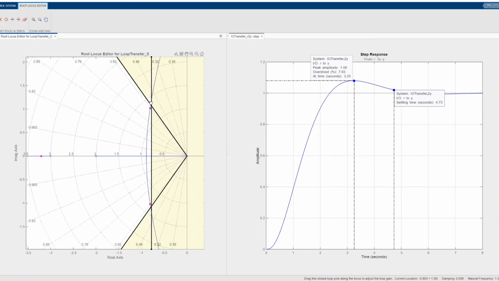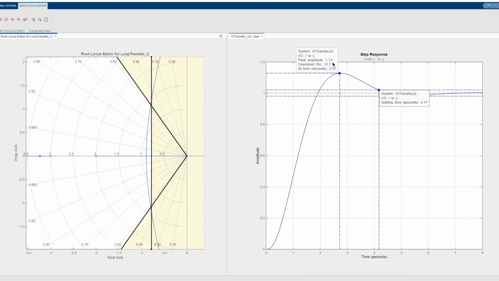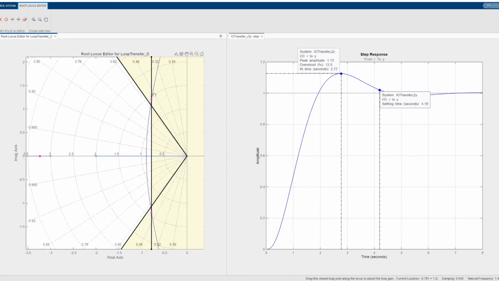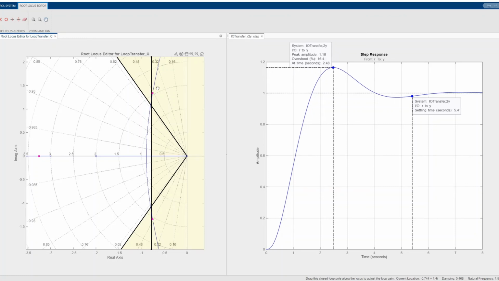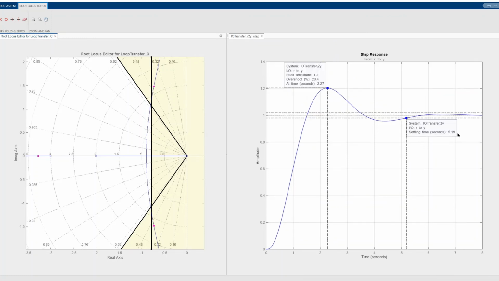If I go into the forbidden region, for example in here, you can see I'm over the overshoot of 10%. If I go even further, I go over the 5 seconds too, because now this vertical line is also crossed. So I have a problem in the overshoot and also in the settling time.